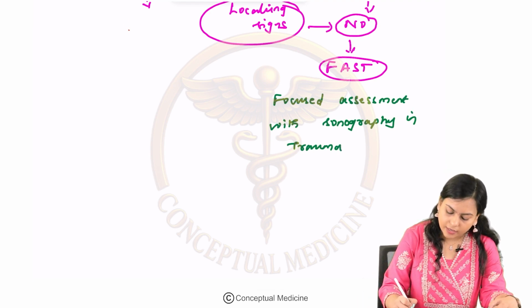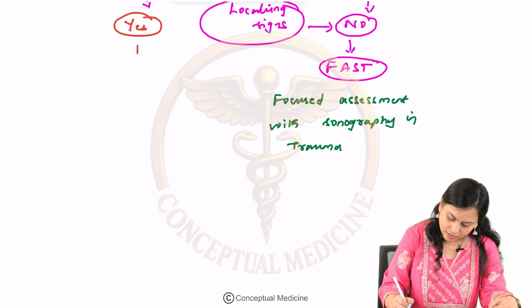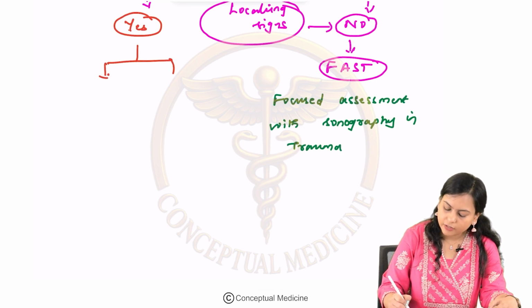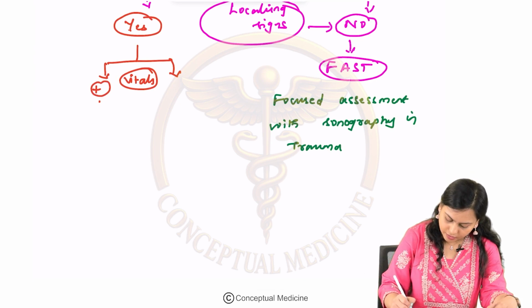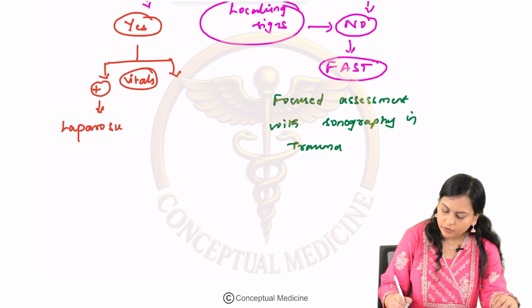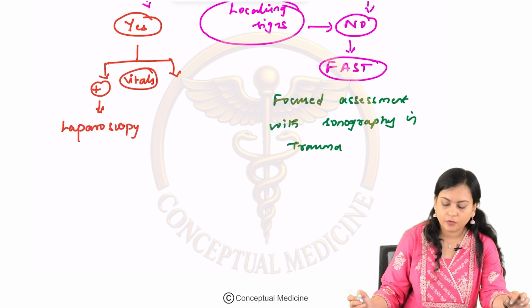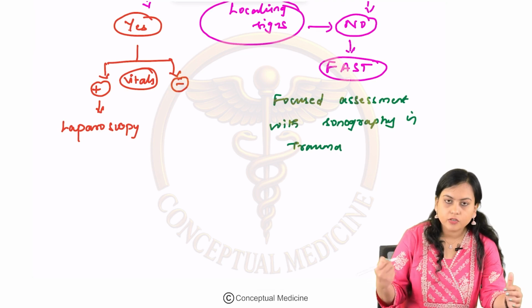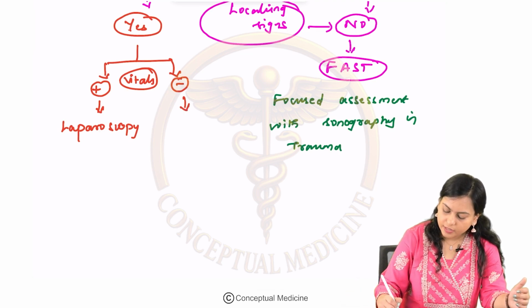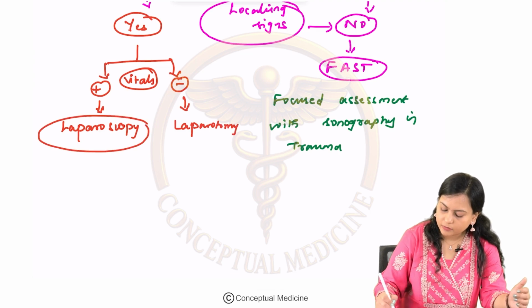Suppose you have localizing signs, then you have to check the vitals. If the vitals are good, then you can suggest they undergo laparoscopy. If the vitals are not stable, then you can take them directly for laparotomy.